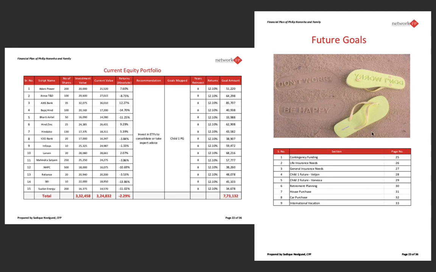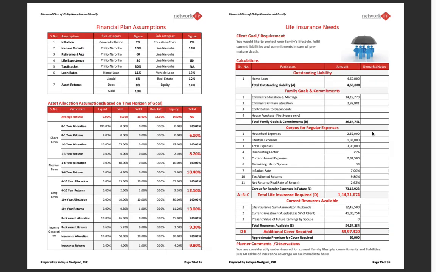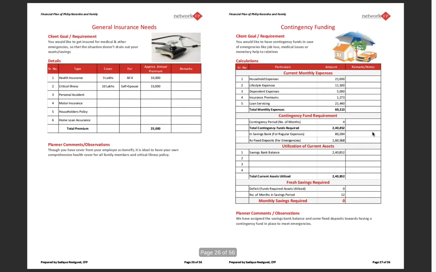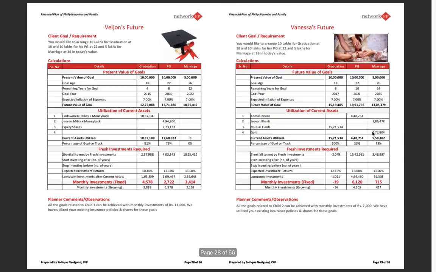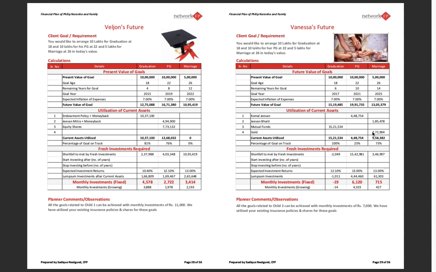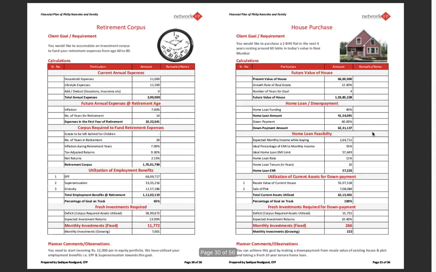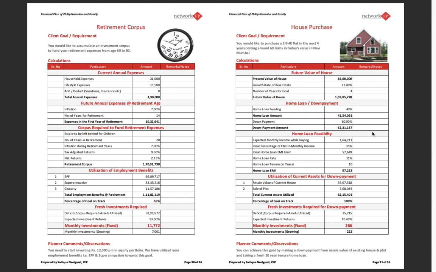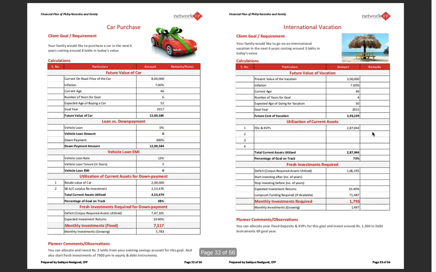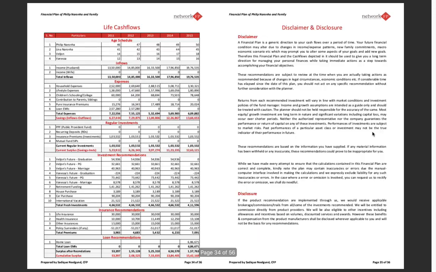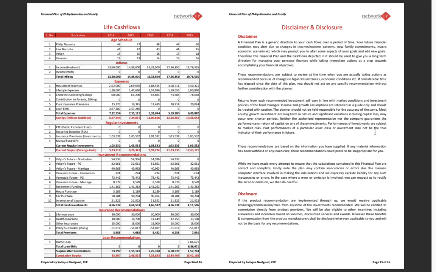Then we hit the future goals, where we do some assumptions. Then we talk about life insurance needs, general insurance needs, contingency funding, children's future, marriage, education, retirement corpus, house purchase, international vacation, car purchase. Then we do the live cash flows of the client, and we end with a disclaimer and disclosure.